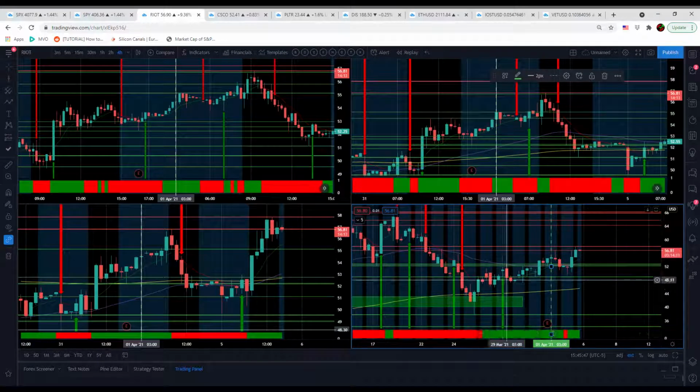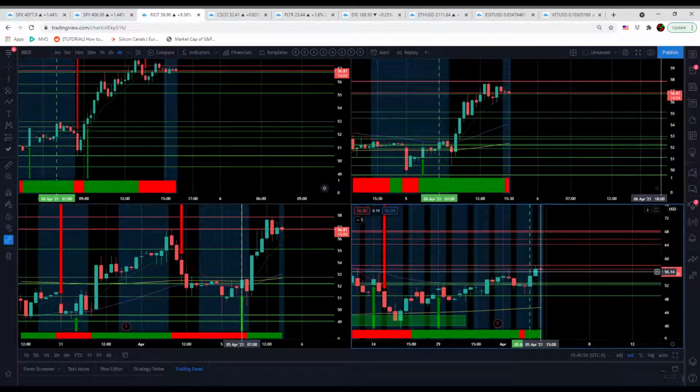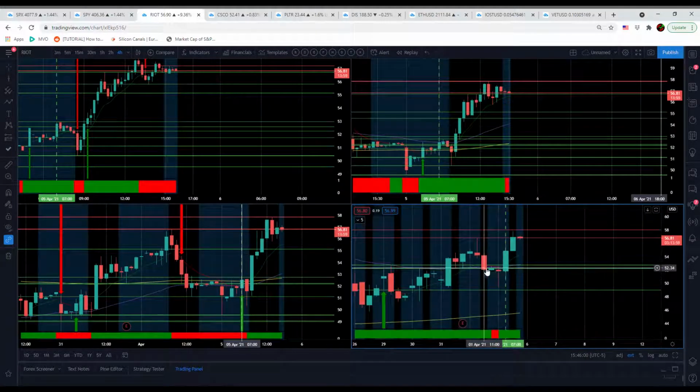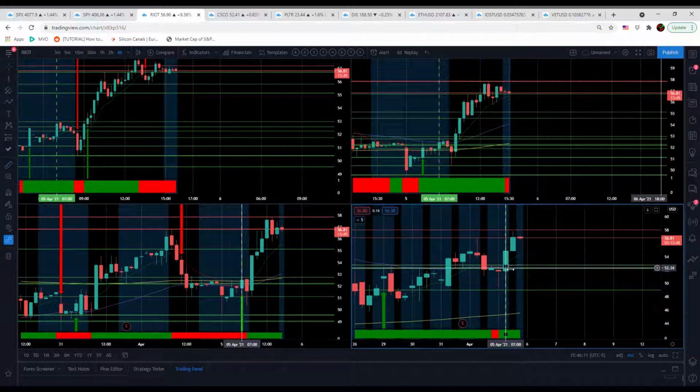The DOA meter is still green. It turned green again right here. So we're gonna move our mark here. This is for today. So today we pretty much broke this confluence here, where we consolidated. We broke that confluence and we gained what, 8%, almost 9%, pretty much just today.